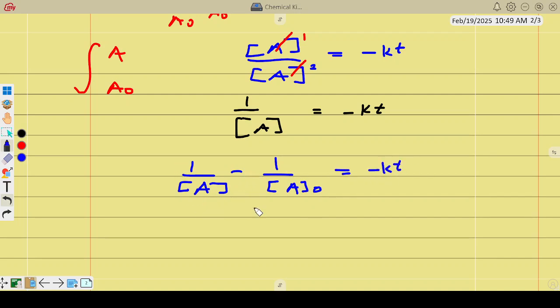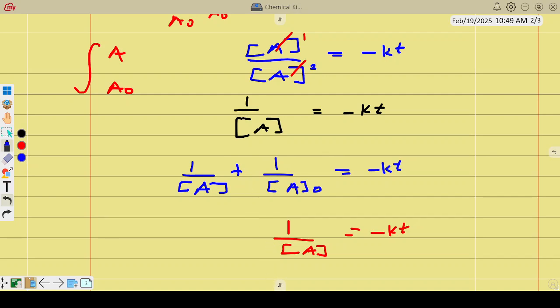Then we can make the final concentration the subject. So I have 1 over A is equal to negative kt. This is supposed to be plus.